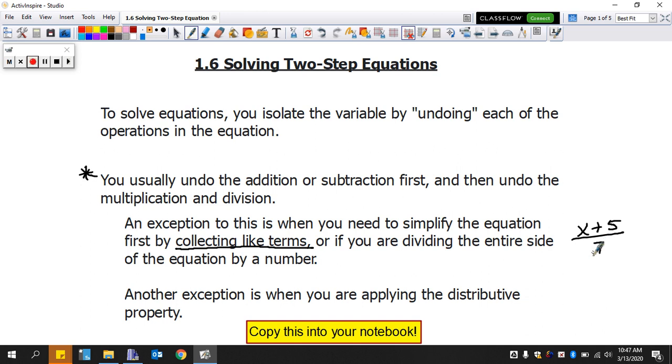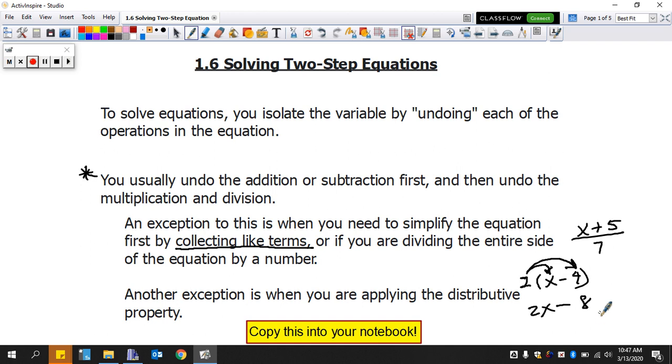Another exception is when you're applying the distributive property. An example of that would be if you have 2 times x minus 4. You would need to multiply using the distributive property first. So 2 times x is 2x, minus 2 times 4 is 8.